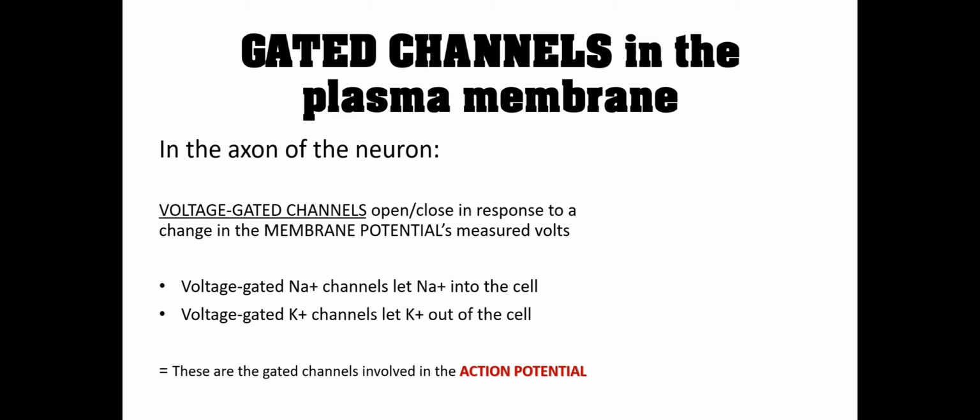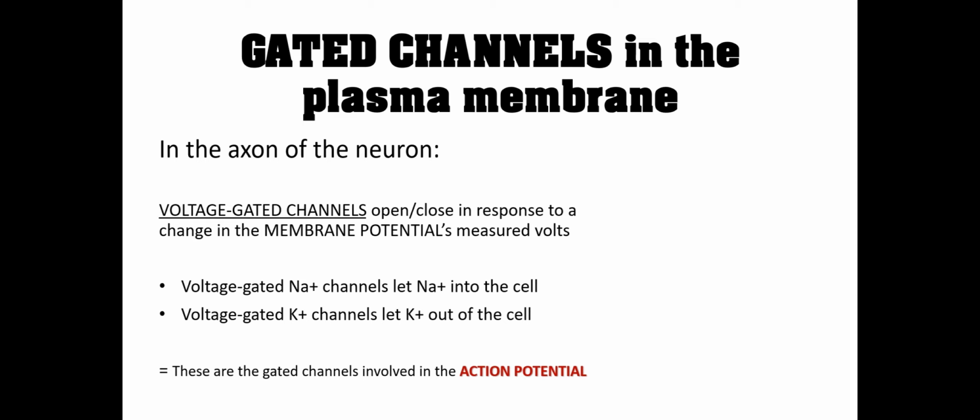But what happens is the sodium channels open up and it lets sodium into the cell. The sodium can pass through the little doors in the membrane and go into the cell. And when all the sodium ions, which are positive, flood into the cell, it changes the cell's charge again. It makes the cell more positive.